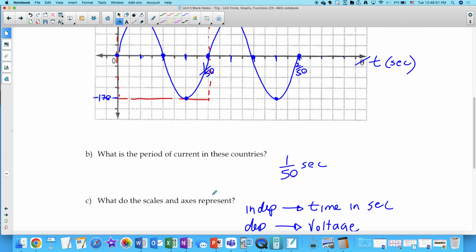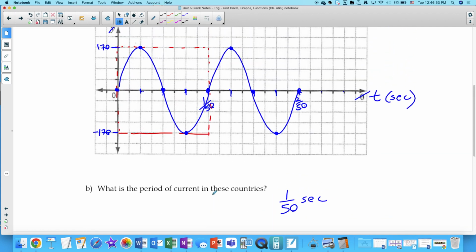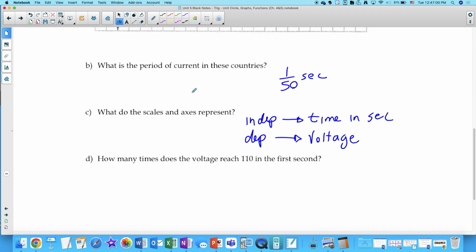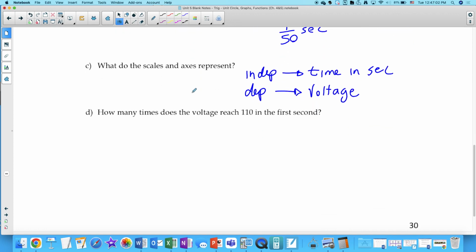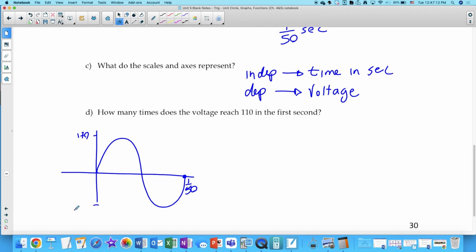Okay. Now, what I'm going to do is I'm just going to redraw this. And this part, if you wanted to, you could do it on a graphing calculator. But if we just see the basic graph, that's 1/50th of a second, 170, -170. Okay? 110 is, I don't know, somewhere about there.